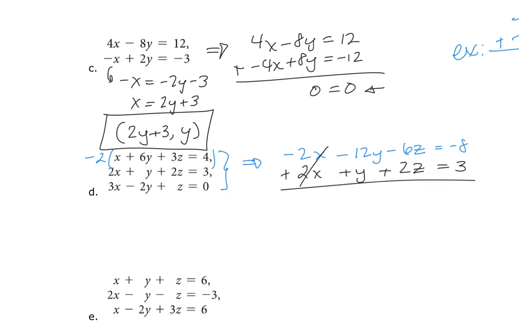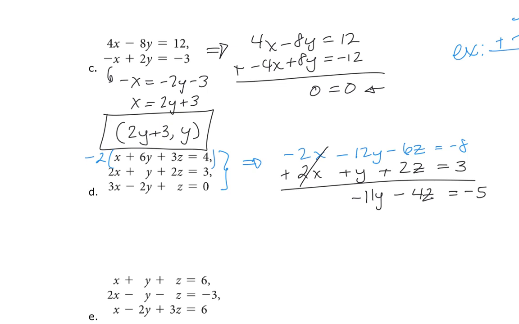When this happens, those cancel out, so I get negative 11y minus 4z is equal to negative 5. Got to check my math. I am feeling sketchy today.